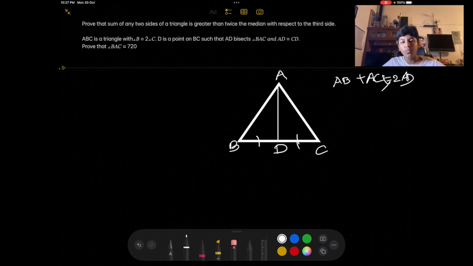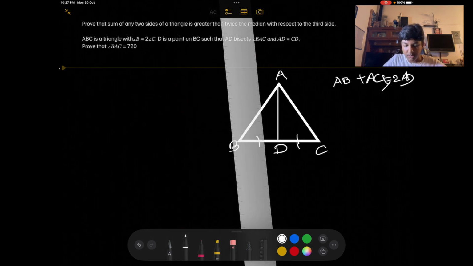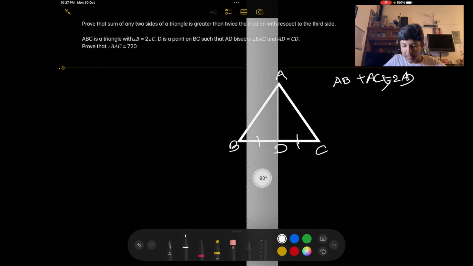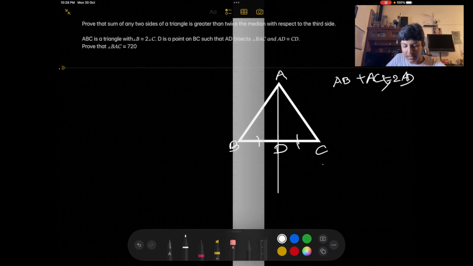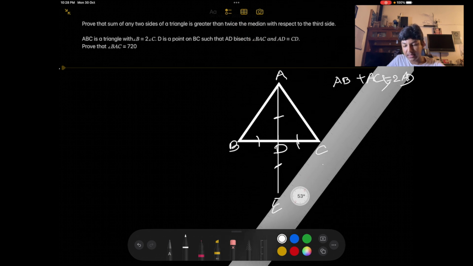Over here, we have to do one construction. We have to make another triangle. So let's take our scale and draw such that, if you mark this as point E, then AD is equal to DE, and we are going to see why in a second.